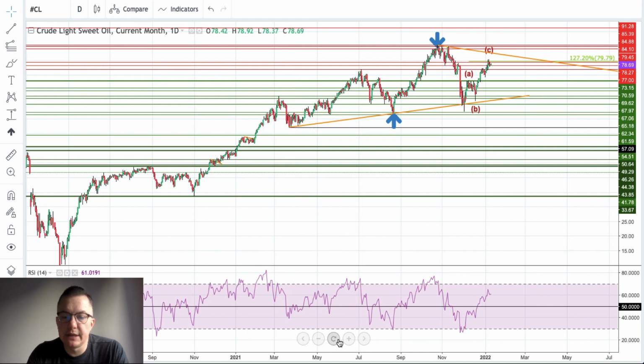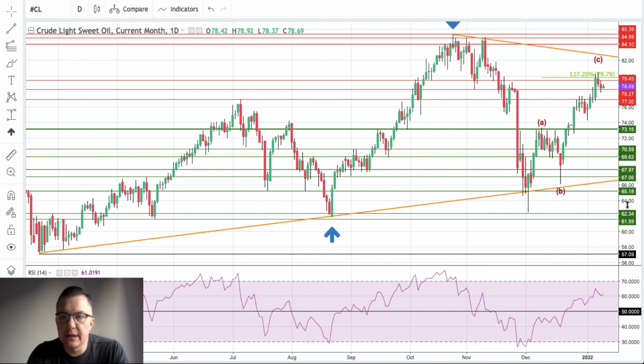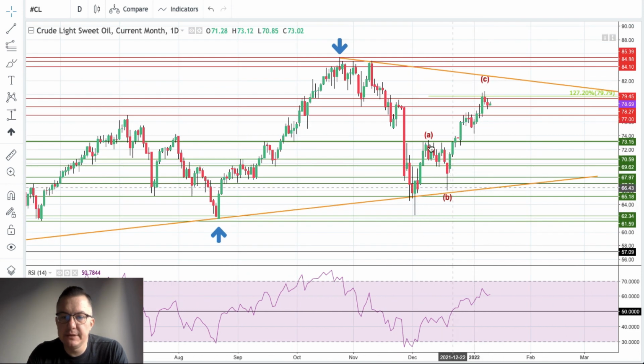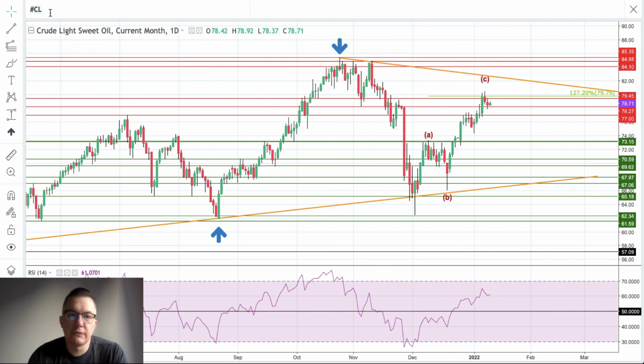So please be careful for the alternate account of this current situation on the crude oil, from an ABC corrective decline if 79.79 won't hold, to 1, 2, 3, possible 4, and possible 5 to the upside, breaking the high from the end of October 2021. We are talking about the crude oil.